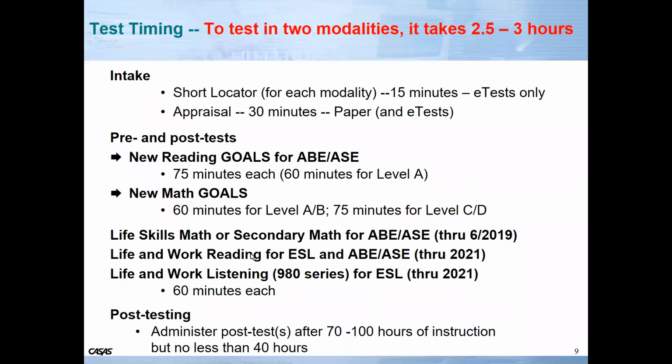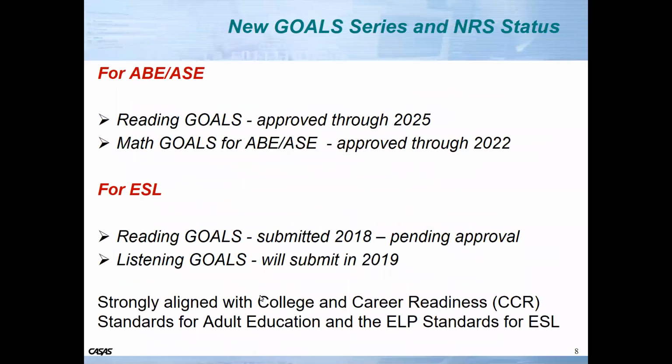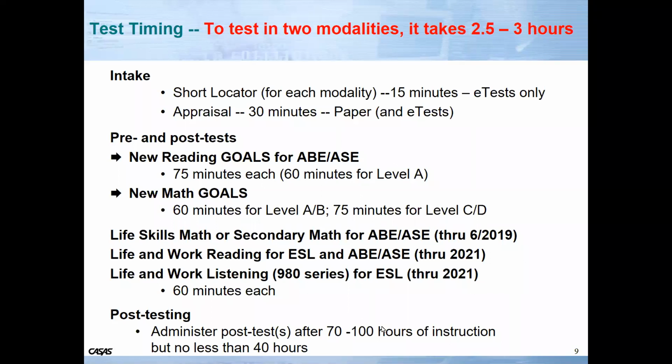You'll keep using the Life and Work Reading and the Life and Work Listening series for ESL until 2021, and they continue to be 60 minutes for the reading, and the listening is actually a little bit less, between 40 and 50 minutes. Nothing has changed as far as the interval between pre and post testing for the new series: 70 to 100 hours and not less than 40.